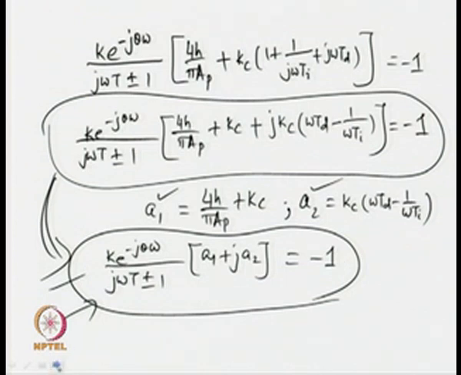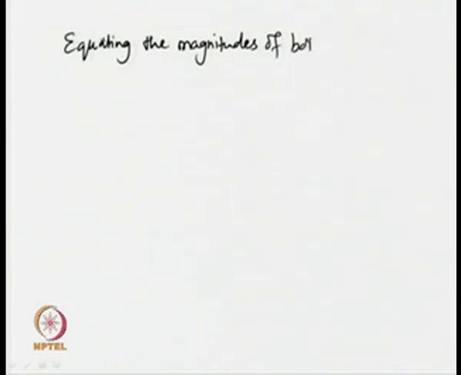Equating the magnitudes of both sides results in the numerator K, and in the denominator you will have the square root of (ωT) squared plus 1.